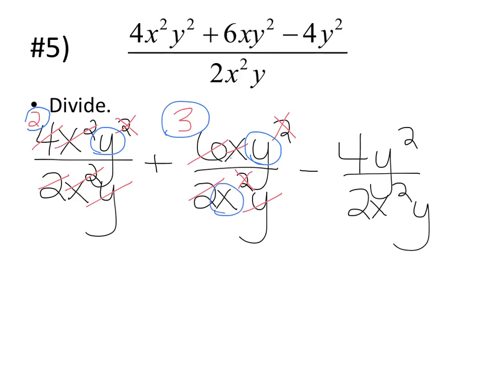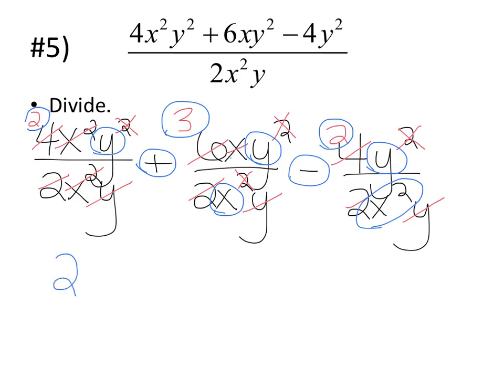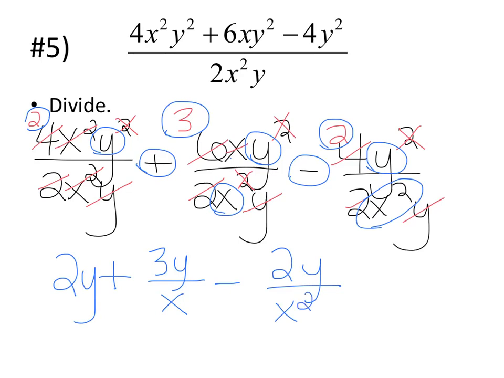So don't forget all that. Here, 4 divided by 2 is 2. 1y cancels 1y up here. So I'm left with 2y up here and x squared down here. And don't forget your plus and your minus. So you have 2y plus 3y over x minus 2y over x squared.